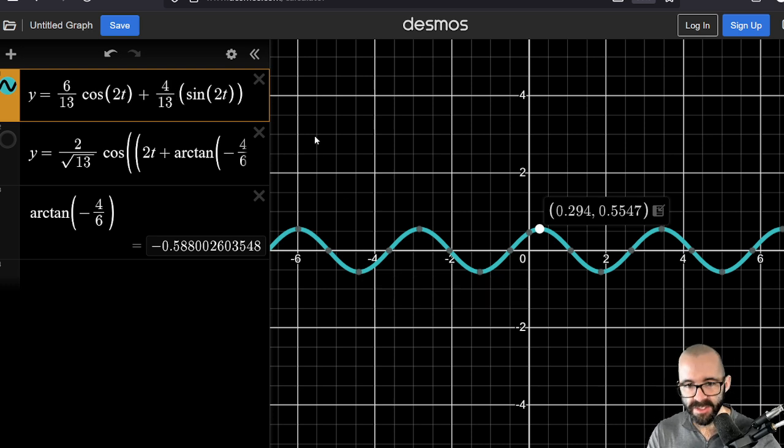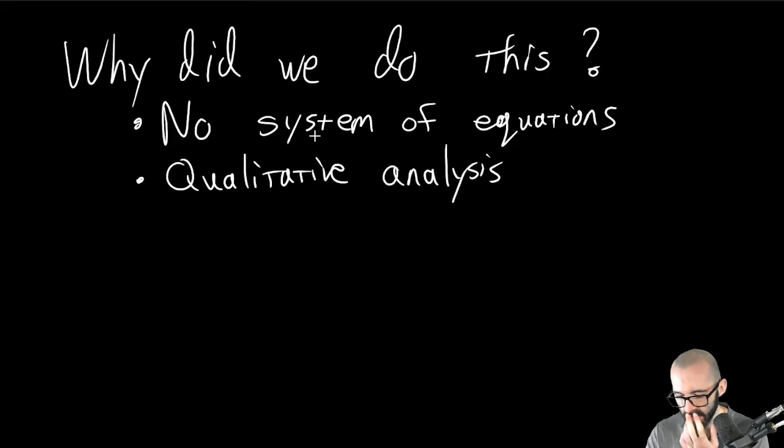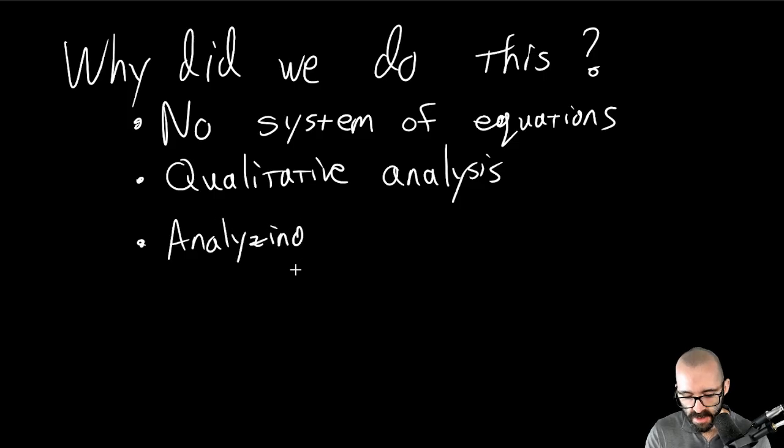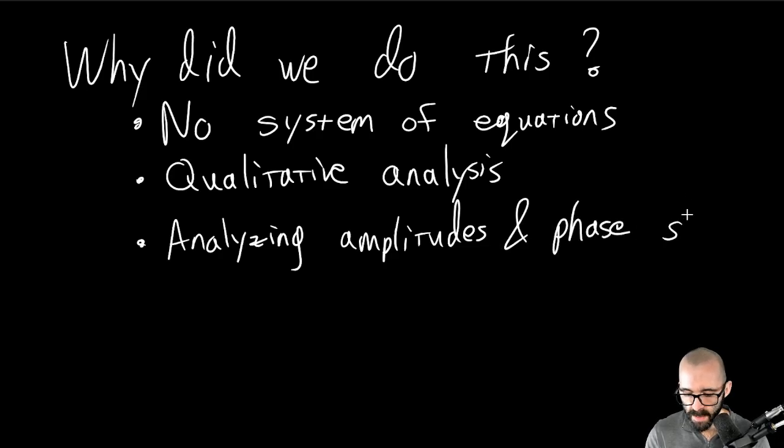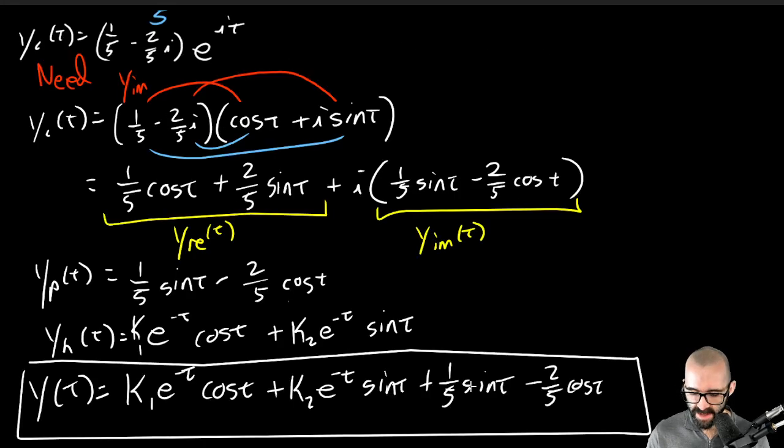So that's another reason why this complexification is useful. It really does let us do some more powerful complex analysis. I kind of got into this already, but it's going to be helpful. It's going to be better for analyzing amplitudes and phase shifts. In fact, I remember when I first learned about this, or maybe I should say when I first remembered learning about this, I was like, wait, what is the amplitude of this?